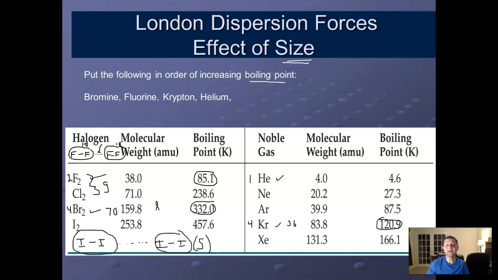Because those intermolecular forces between iodine molecules are really strong. So it's really kind of neat how that all makes sense. And you can see that with gases, liquid, and solid, as your intermolecular forces increase because of increasing size and polarizability, you have a better chance at being a solid.